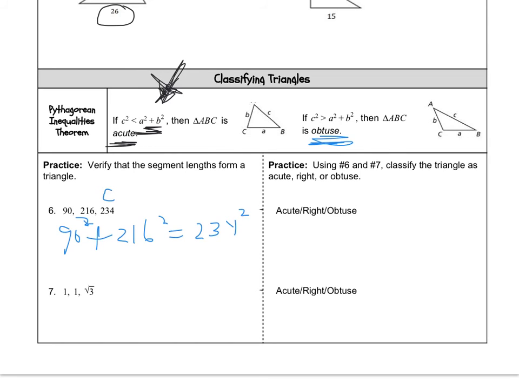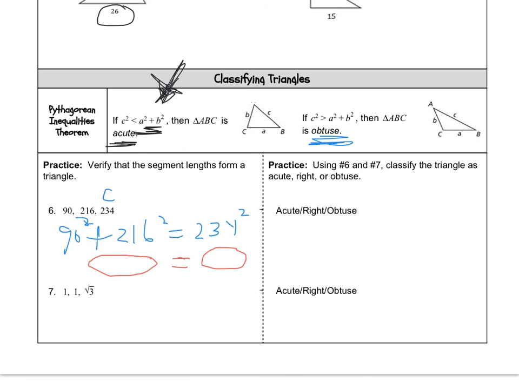Okay? So you go ahead and do it yourself and see, when I combine this stuff, square it and add it together, will it equal 234 squared? If they equal each other, then it's a right triangle. If one side is bigger than the other, then it's acute or obtuse.